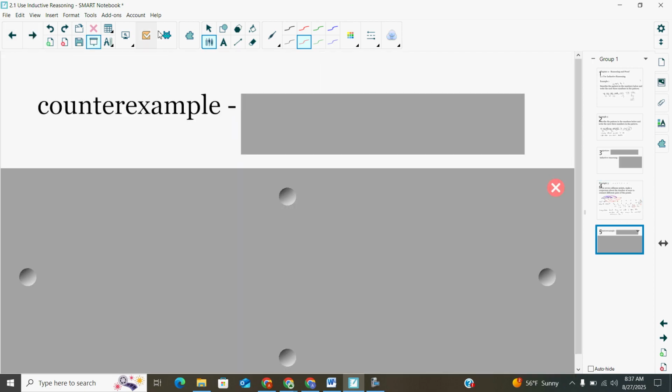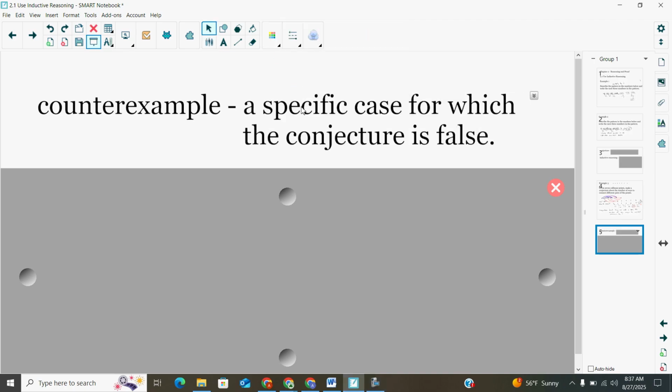One more definition here, it is a counterexample. A counterexample is a specific case for which the conjecture is false. It proves that a conjecture is false. All we need to do is come up with one counterexample.